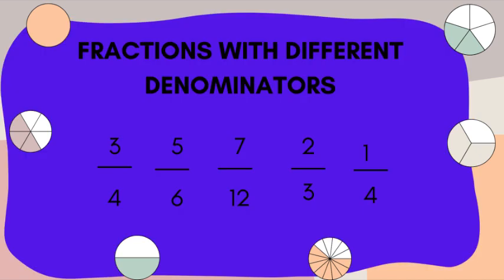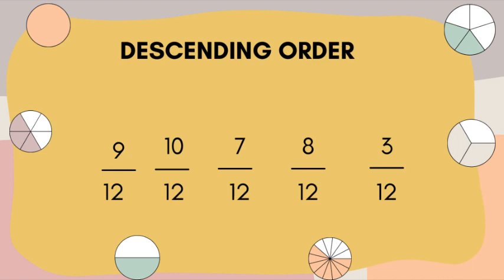For the first example, we have 3 quarters. 4 into 12 goes 3 times, and we multiply 3 by the numerator, which is the number at the top. So that is 3 multiplied by 3, and that gives us 9. So the new fraction will be 9 over 12.